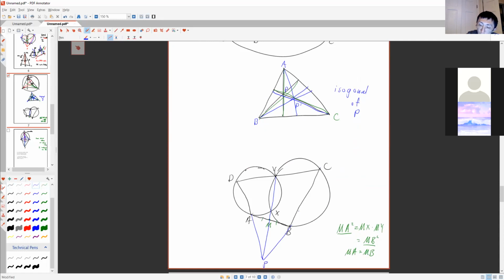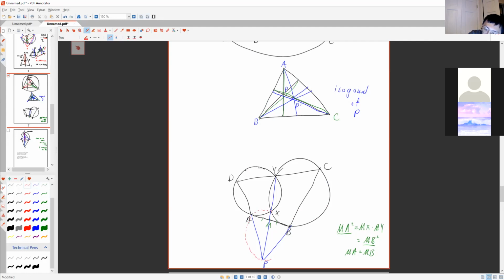We call it P. So is this actually cyclic, or is it not cyclic? I'm not sure. Maybe let's just draw it in dotted like this.